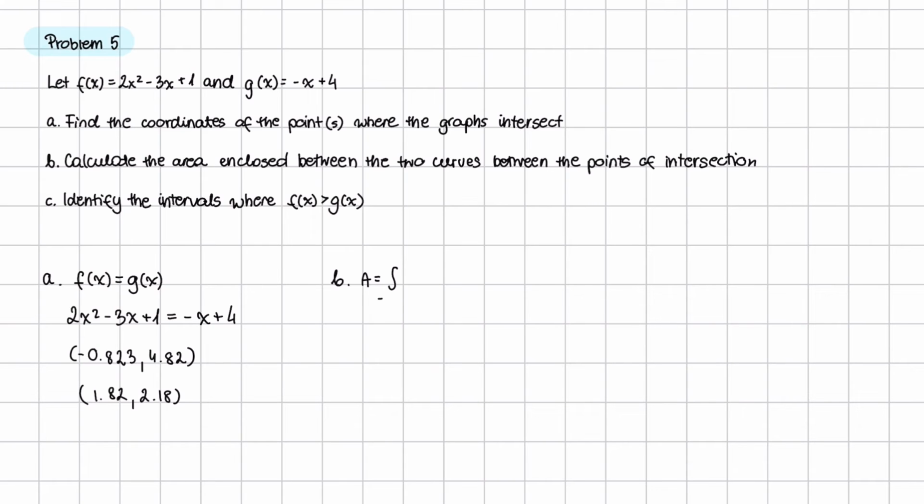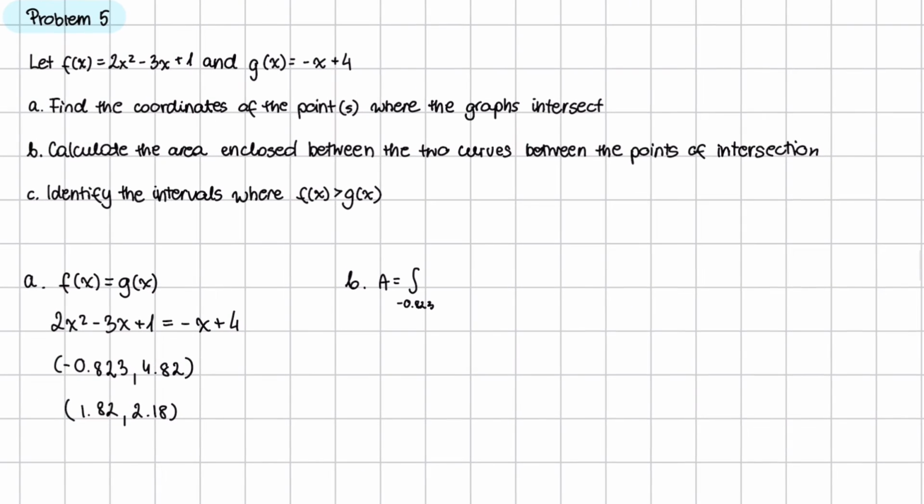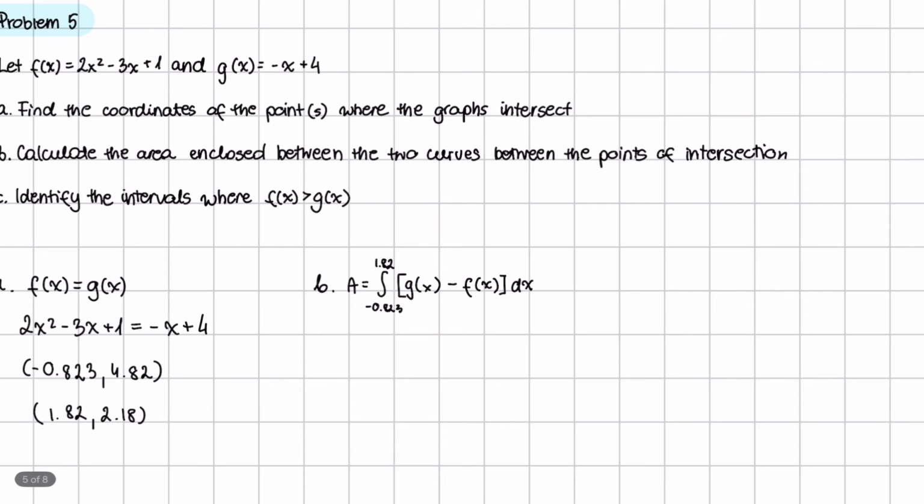Here we have to write the x that we are starting from, and here the x that we end at, and here, because our g(x) is above our f(x), we write g(x) in a bigger bracket, and minus f(x) that is below our g(x), and here we have to write dx, the dx that we write every time when we integrate something.